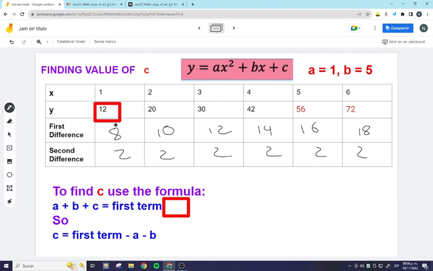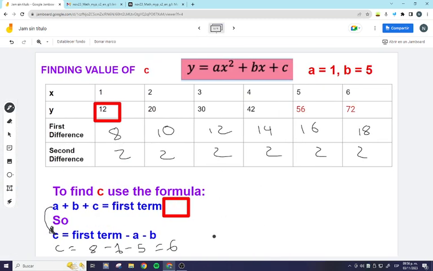We indicated it with this red box. So we can rewrite this formula to say that C is the first term, which is 8, minus A, which is 1, minus B, which is 5. So 8 minus 1 minus 5 is 6. So C is 6.